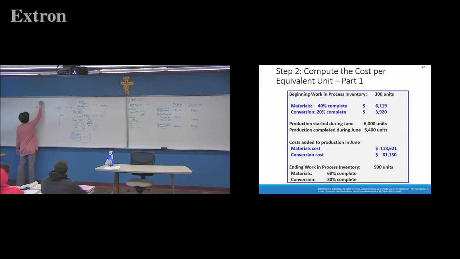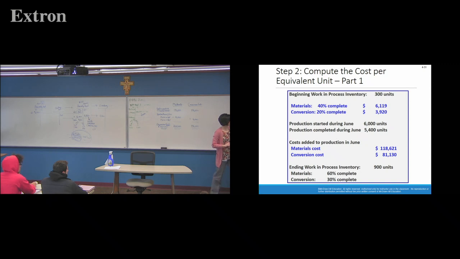So this is just direct material costs, okay? And this, we have a June 1 balance, right? Those 300 units, notice it says materials, 40% complete, $6,119. All that's saying is that these 300 units cost $6,119. That's all.